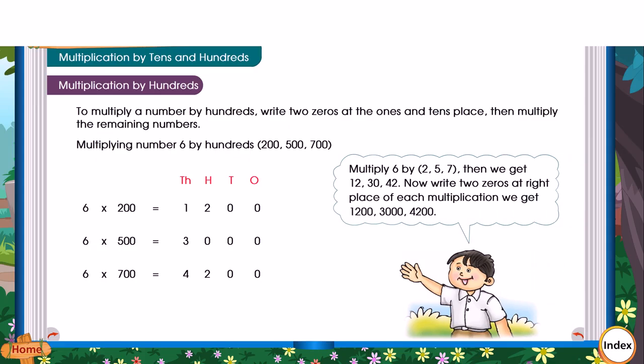Multiply 6 by 2, 5, 7. Then we get 12, 30, 42. Now write 2 zeros at right place of each multiplication. We get 1200, 3000, 4200.